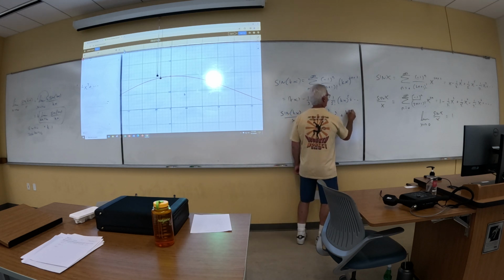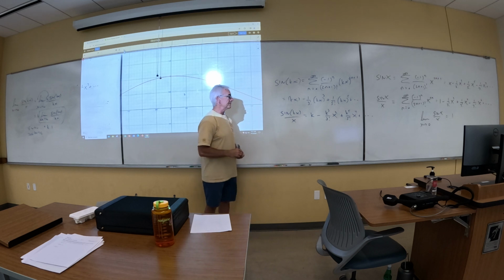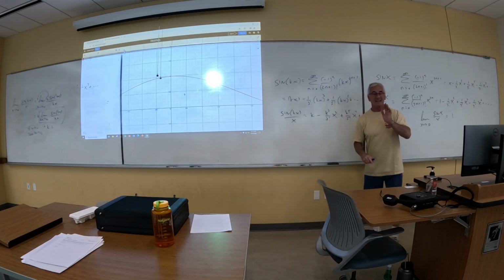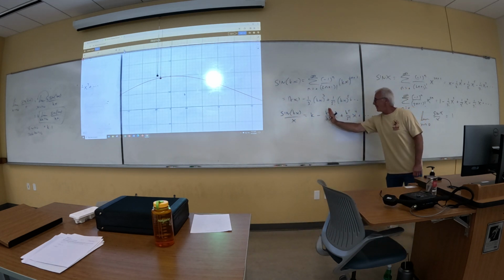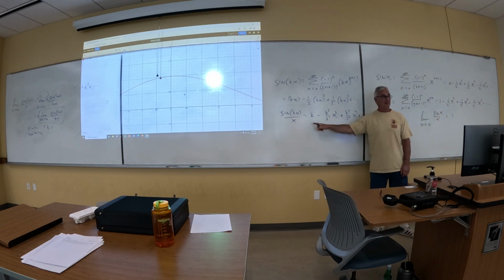Plus k to the 5th over 5 factorial x to the 4th, on and on forever. Now I want to take the limit as x approaches 0, then all of these terms are going to approach 0, aren't they? Leaving me nothing but k. And isn't that what I'm supposed to get?